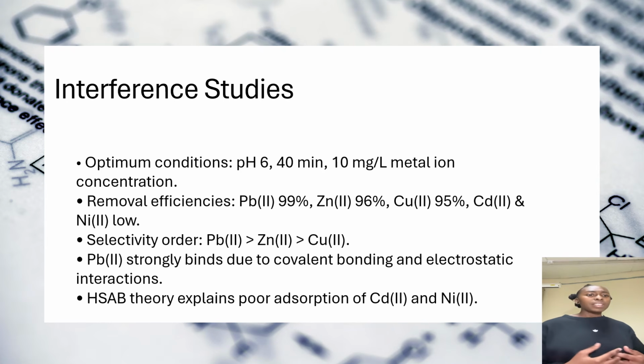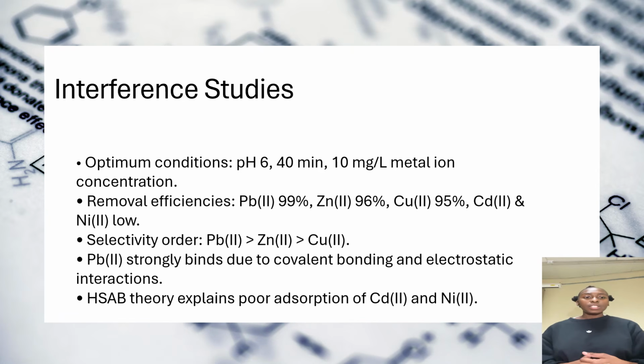The results revealed that the membrane removed 99% of lead-2, 96% of zinc-2, and 95% of copper-2. In contrast, cadmium and nickel were barely adsorbed. This demonstrates that lead-2 has the highest affinity, followed by zinc and copper.